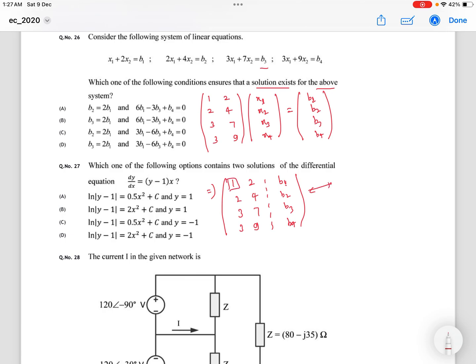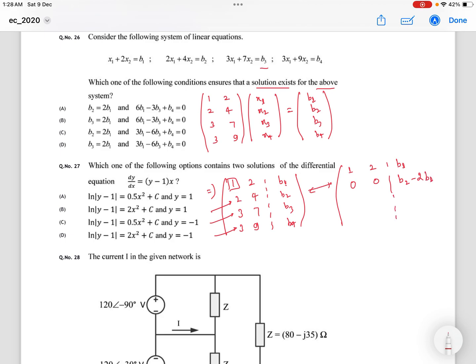So take this first pivot and try to eliminate all these. So we will have 1 2 here, and what we are doing is multiplying row 1 by 2 and subtracting it from row 2. So we will have 0, and here also we will have 0, and here we will have b1, here we will have b2 minus 2b1.